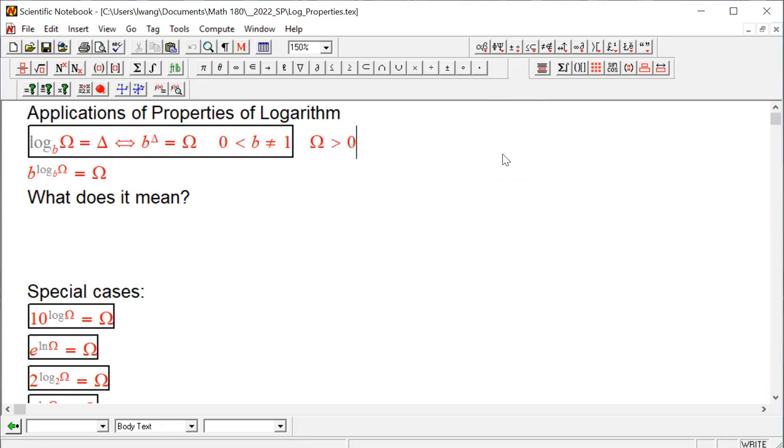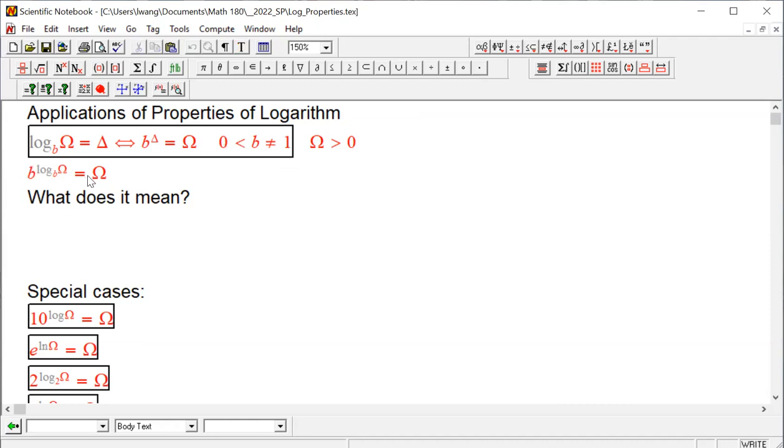It's a positive number because it's in the domain of logarithm. It's a positive number because it's the range of the exponential, right? So if omega is any positive number, this omega can be expressed in exponential form of any base larger than 0, not equal to 1.